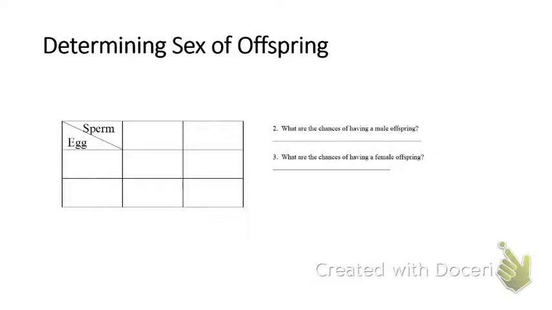How is the sex of offspring determined? Well, the sperm has two options as to what sex chromosome it can send to the gametes.